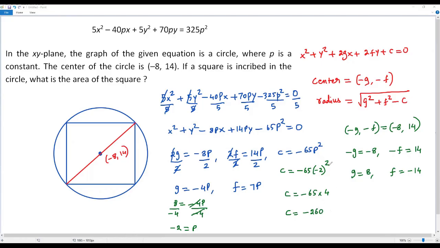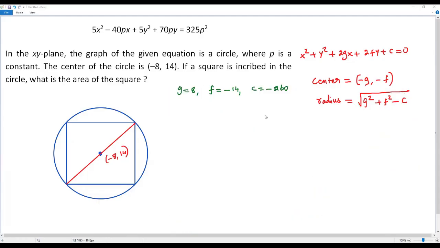Okay, here we have the values of g, f and c. Now we can plug in the values and get the radius of the circle. Now let me erase the stuff and continue the problem. Let's plug in the values of g, f and c in this formula to get the radius. That is the radius of the circle equals the square root of 8 square plus negative 14 the whole square minus the value of c, which is negative 260.